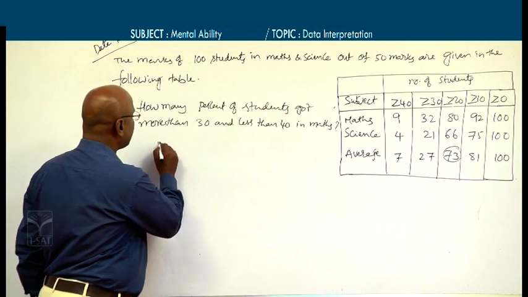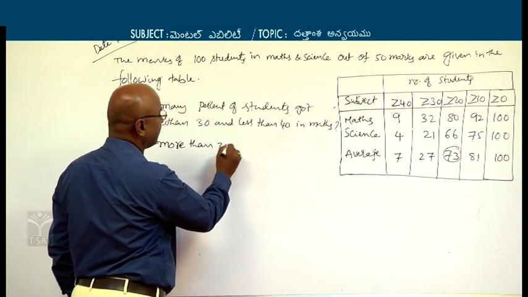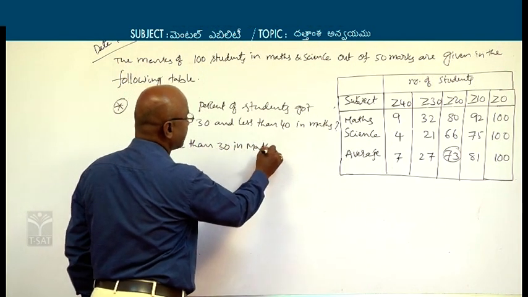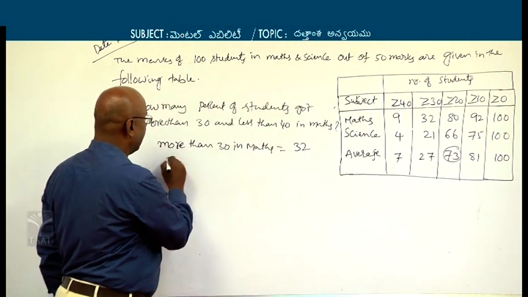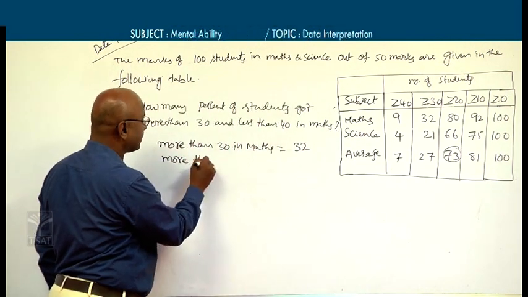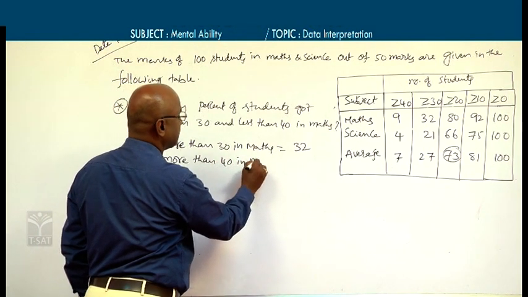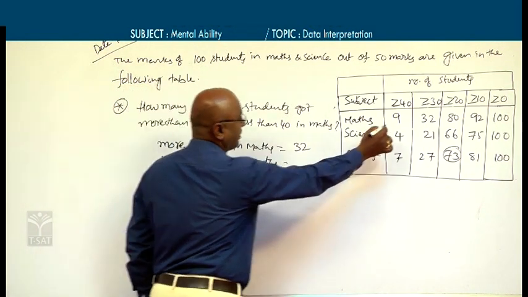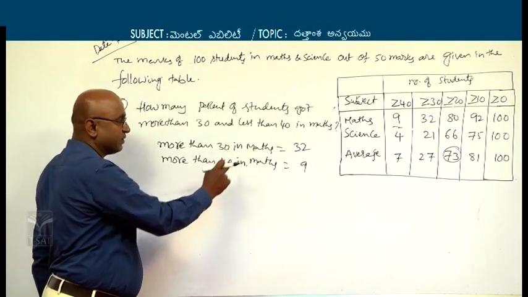సో more than 30 in maths, more than 30 in maths is equal to how many? 32 people are there. And more than 40 in maths is equal to 9 people. So more than 30 in maths are 32.